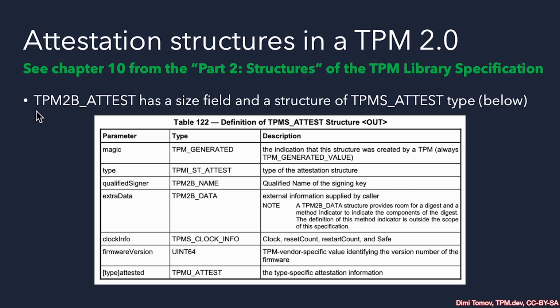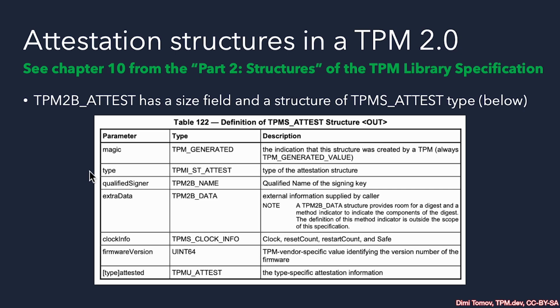The TPM2B_ATTEST has a set of fields that have a clear purpose. The magic field is the TPM generated value that tells us this data did originate from the TPM. And because the evidence is signed, if someone tries to tamper and just insert these bytes into an evidence, then the signature would not match.